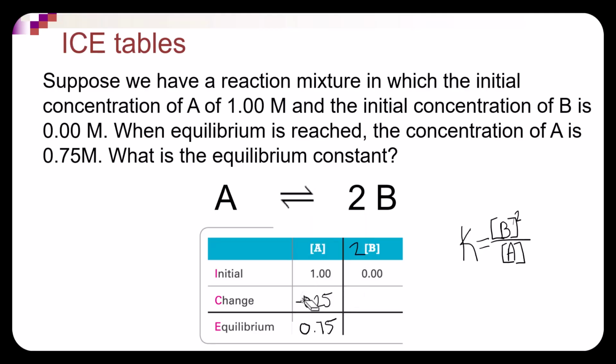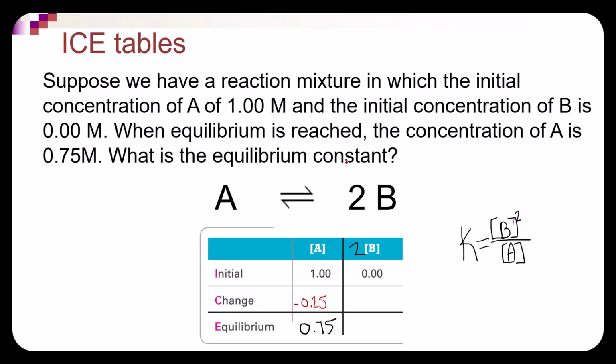Okay, I'm going to do that in red. That way you know that it's the change. Red often indicates that we're losing. So minus 0.25. We actually now have enough information to fill the rest of the table with numbers as well.